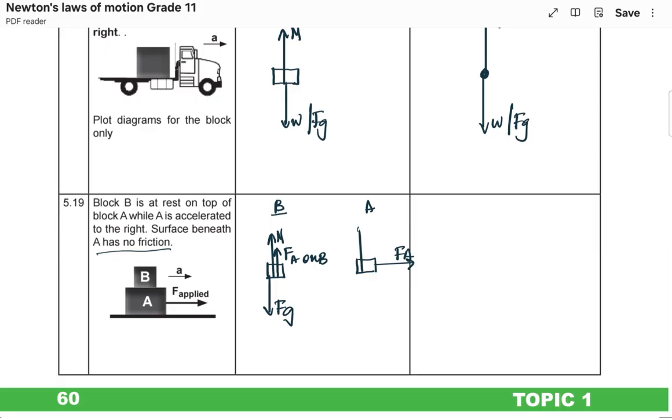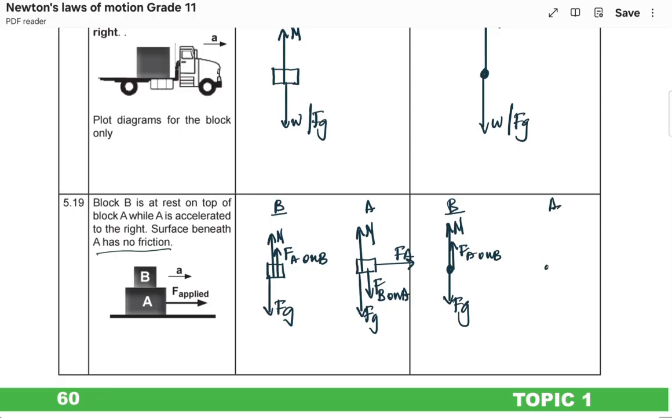So there is a normal, there is the gravitational force, and there is the force of P on A. Then on this side, for B there's a normal, the force of A on B, and the gravitational force.